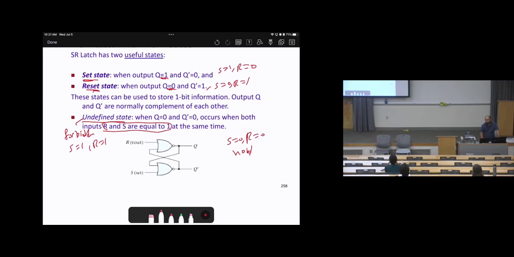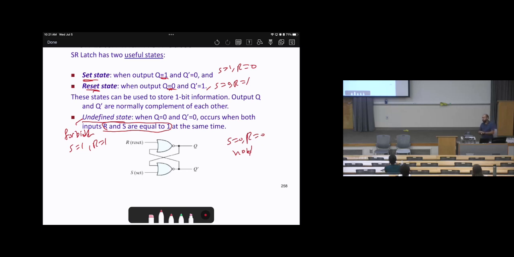And that's what I want. Sometimes I need to store a specific data. I have all of this data information. I will use a set switch when I want to store this bit as 1, and a reset when I want to store this bit as 0. After storing this data, now I want to keep it, I don't want to erase it. Then I will put all of the switches at zero, so S is 0, R is 0.